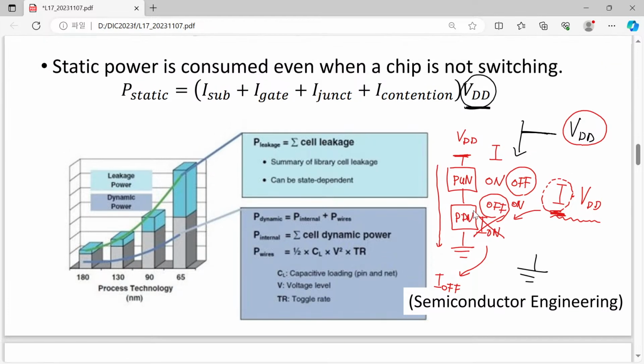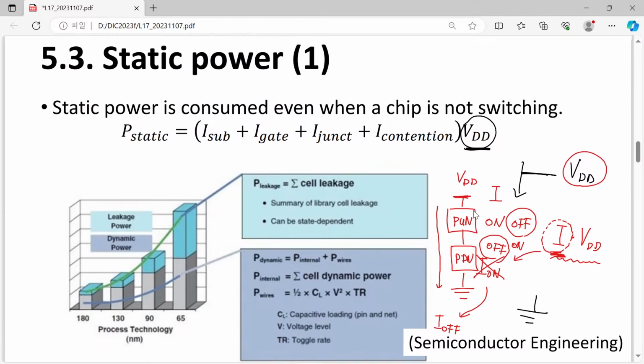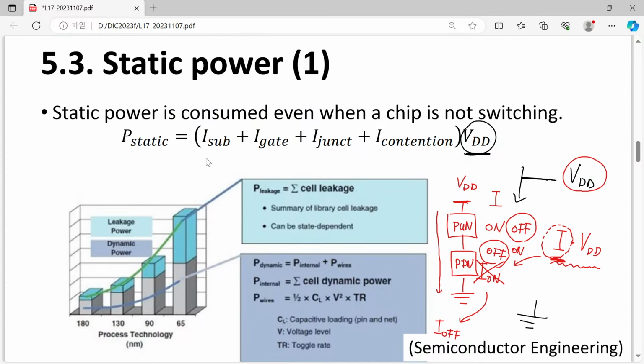So how can we consider this current? Transistors can contribute many different components, but for this case, please do not consider the contention current.